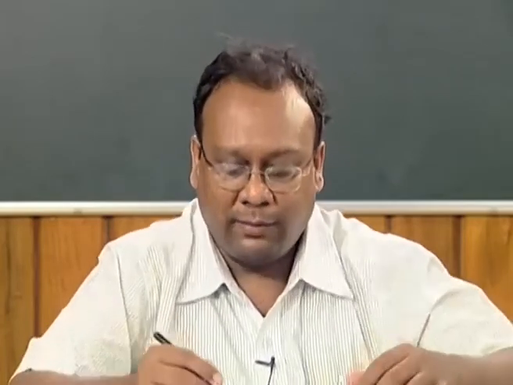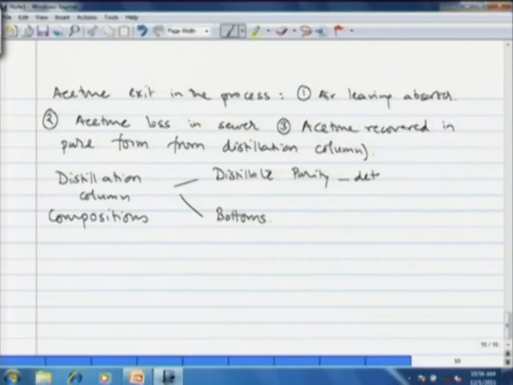If it is recycled to the reactor, then the purity that is required could be a bit less, let us say 90%, 95% pure could be sufficient. However, if acetone is being sold as a byproduct of the process, then purity has to be relatively higher, maybe 99% or 99.9%. So, the purity factor will be determined from the fate of acetone. The bottoms will be almost pure water with traces of acetone.